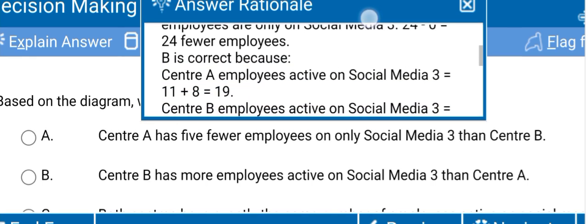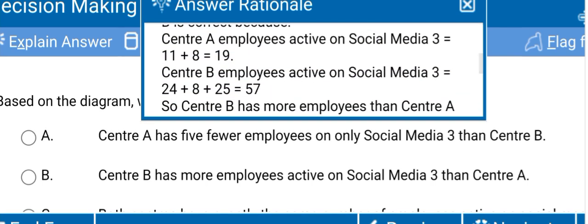Option B is correct because Center A employees active on social media 3 is equal to 10 plus 8 equals 19, and Center B employees active on social media 3 equals 24 plus 8 plus 25 equals 57.